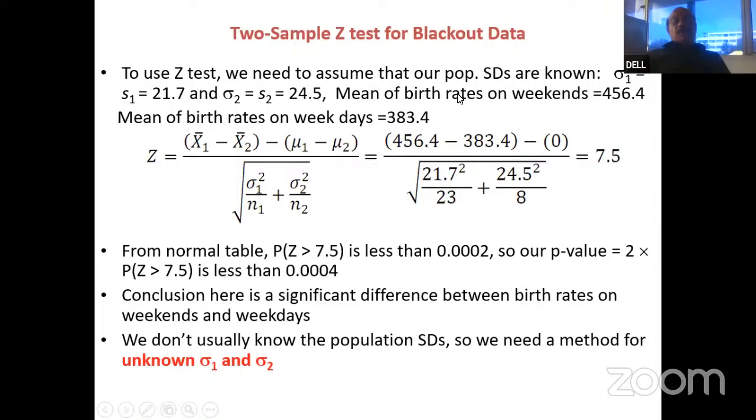So this is the standard deviation, the mean of the first sample, the mean of the second sample. Simply we have to substitute those values here. By the calculation, you get the Z value calculated like this.